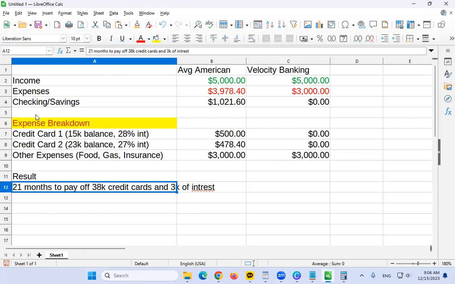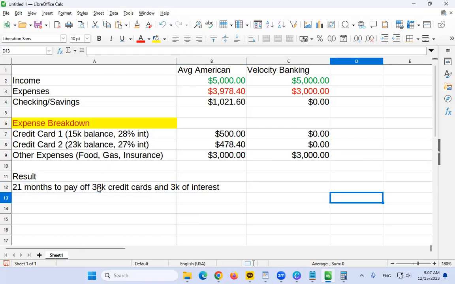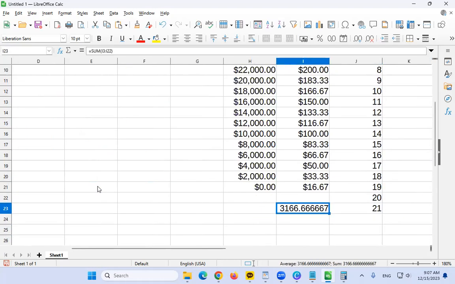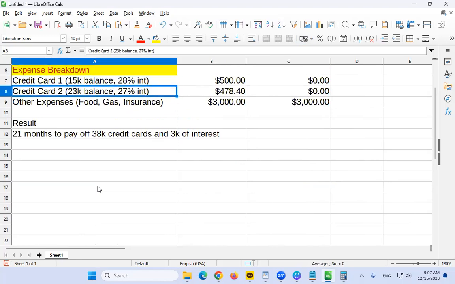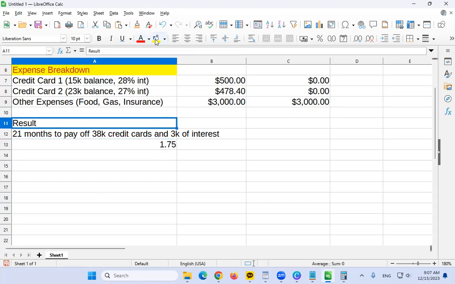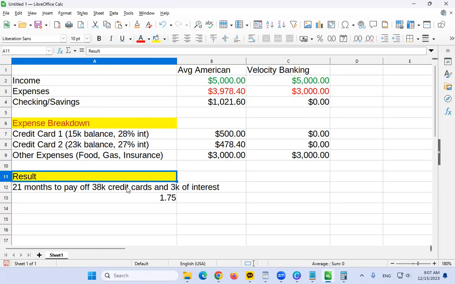So 3,000 of interest, $3,100. Yeah, 3K. So 21 months, that's not even 2 years, right? Actually, let me do this. Equals 21 divided by 12. So it's about 1.75 years. And that's it, right? So 1.75 years.